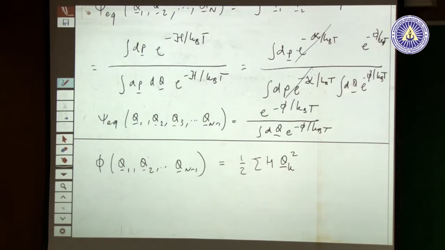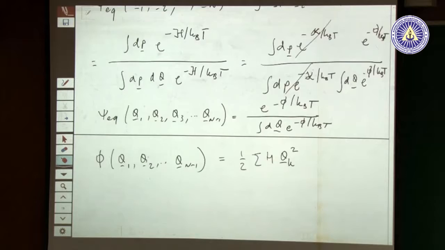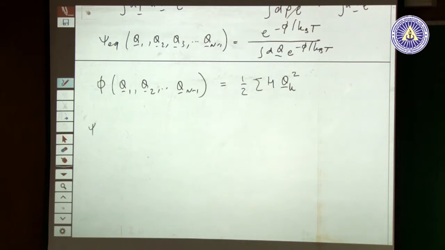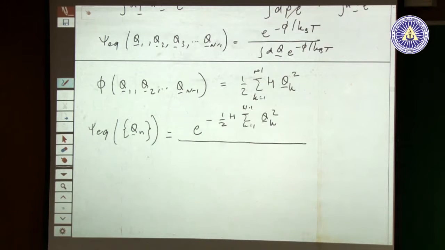So, I can substitute it in there and I will get that psi equilibrium, and let us use this shorthand, is e to the power of minus half of H divided by integral, and this will be dq1... Is that clear?